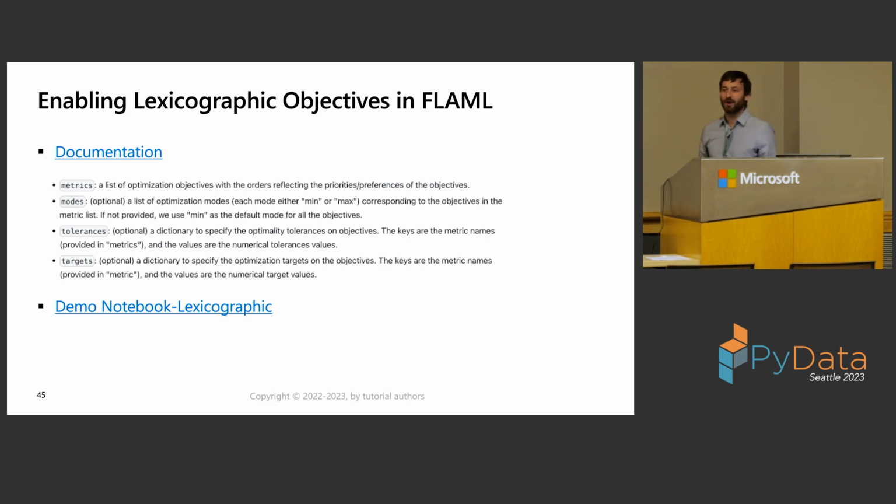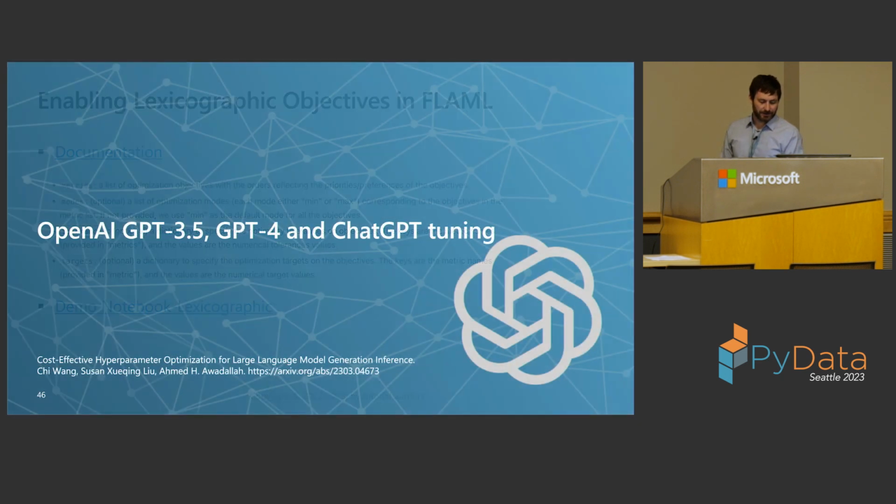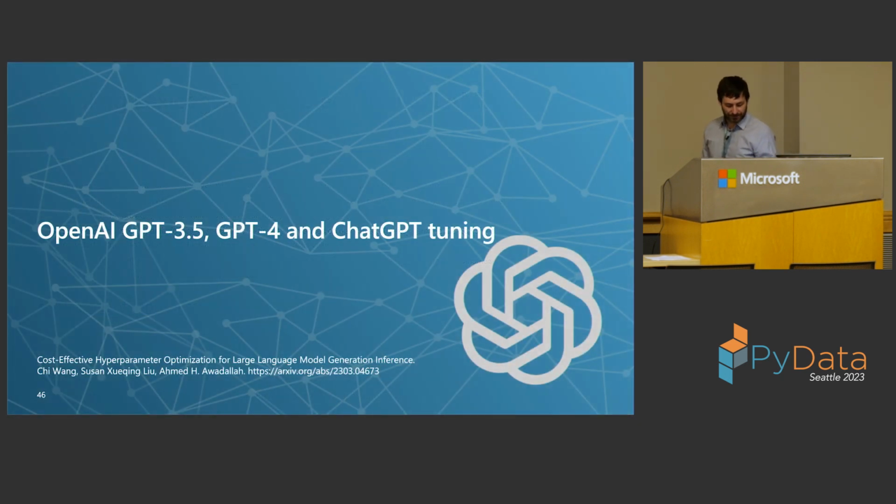We had a question earlier about how can I deal with multiple objectives? There's this recent work which is going to be published this year in ICLR by Jiang and his collaborators on targeted hyperparameter optimization with lexicographic objectives.